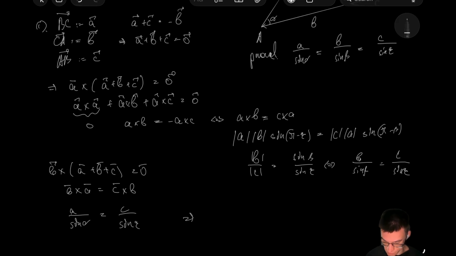And from this we can conclude that A over sine alpha equals B over sine beta, which equals C over sine gamma.